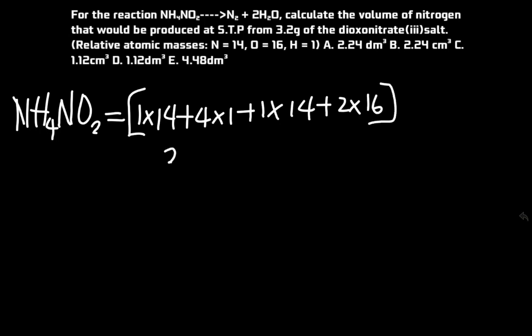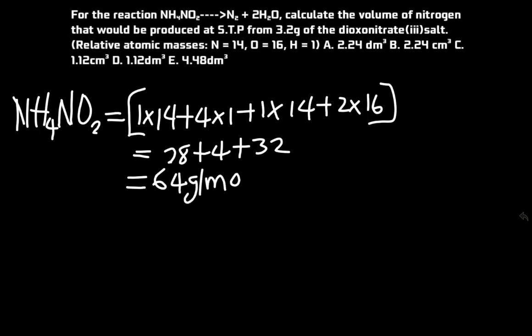You get 14 plus 14, you get 28, plus 4, plus 32. If you add this together, you arrive at 64 grams per mole. So now we have solved for the molar mass of dioxonitrate(III) salt.